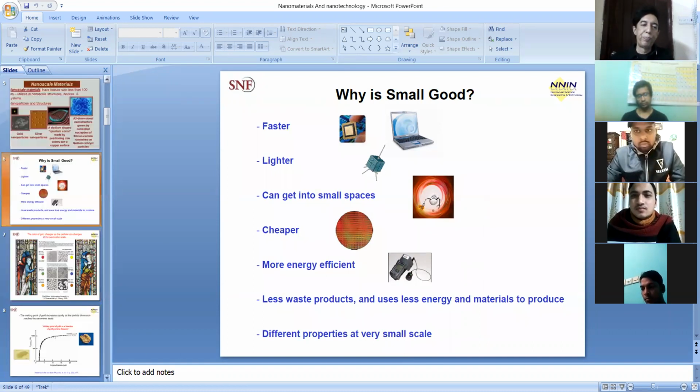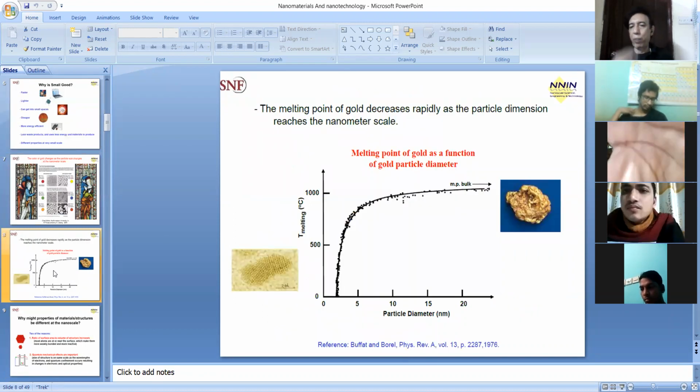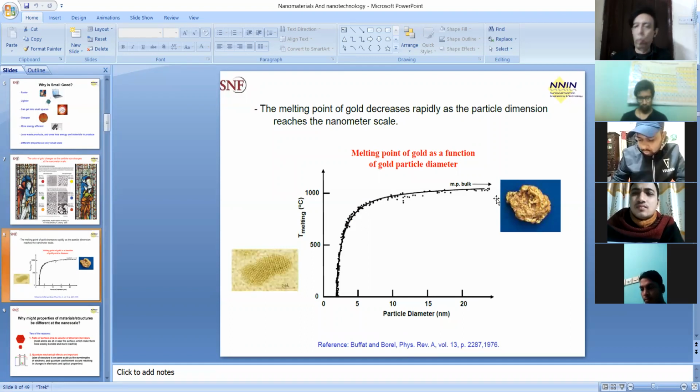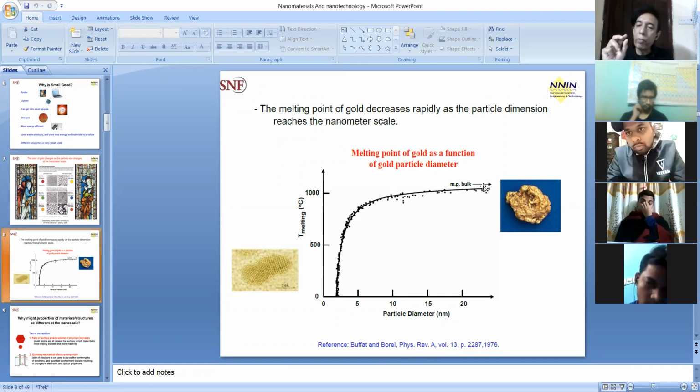Now, another property. This is the melting temperature, and this inside it is particle diameter. And we are taking gold. You see, here the particle diameter is about, say, 30 nanometer. It is not the diameter of the gold atom.